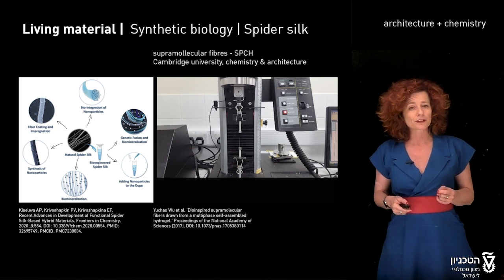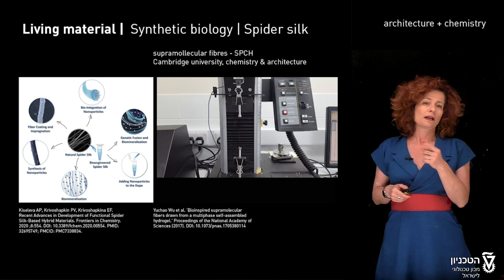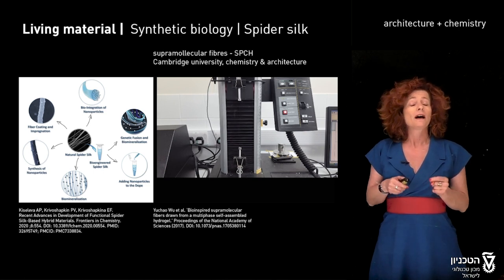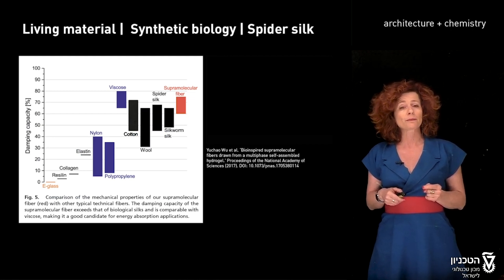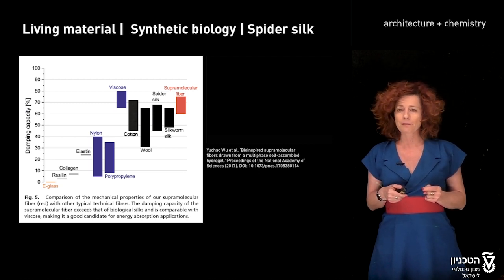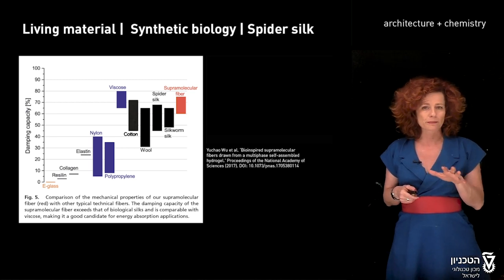That's a collaboration in Cambridge between architecture and chemistry. This is why I chose this example. So this is, again, highly relevant also for us as architects. This is a supramolecular fiber, as they call it, and its special characteristic is its damping property, its ability to dissipate energy, to absorb the energy.